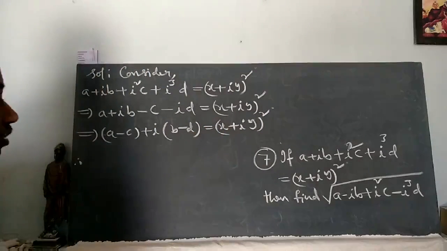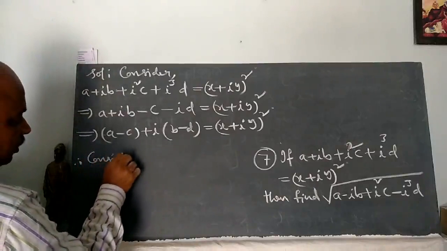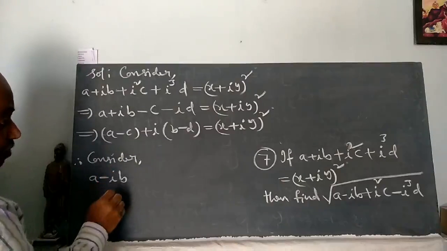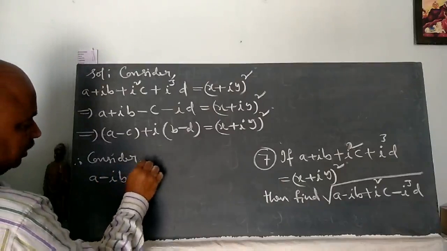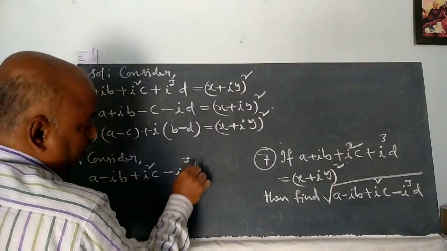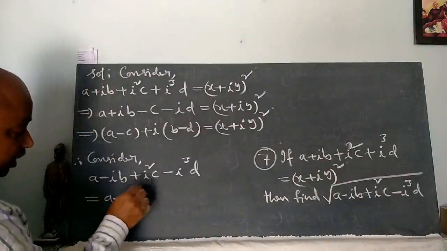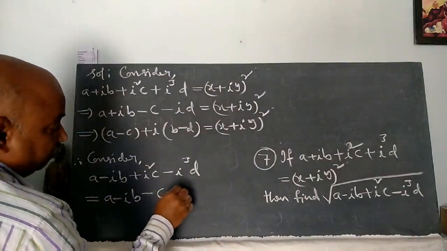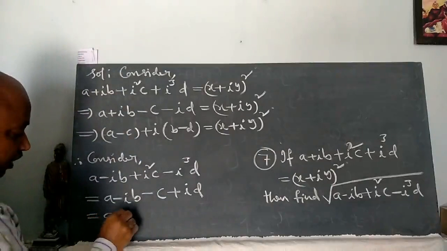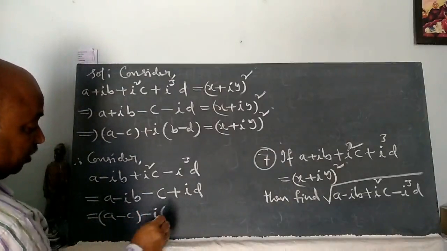Therefore, consider a − ib + i²c − i³d, which is equal to a − ib − c + id. This is equal to (a − c) − i(b − d), since i is common.